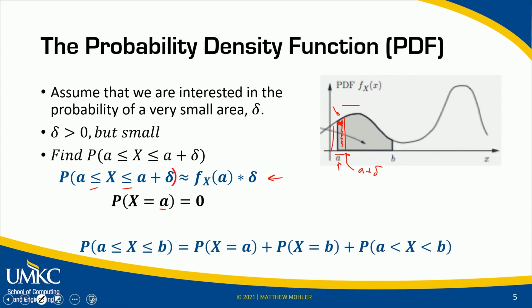So we can actually write, and this will become more important later, that the probability that A is less than or equal to the random variable x, which is less than or equal to B, again, that the random variable x is between 2 points A and B, is equal to the probability that x is equal to A plus the probability that x is equal to B, so these two terms here, and then ultimately plus the probability that A is less than x and less than B.